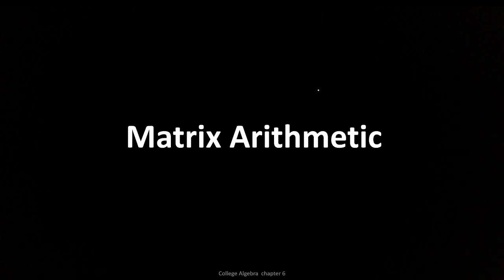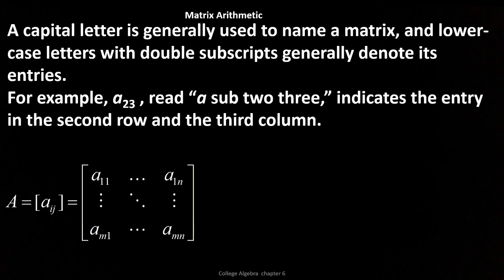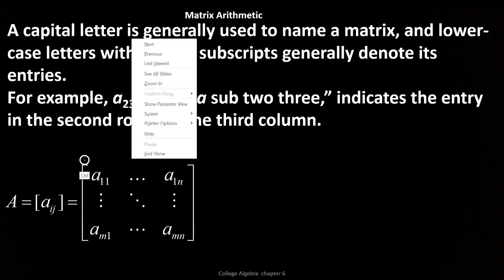Now I'm going to talk about matrices, because matrices are used to solve systems of equations. So let's talk about matrices. A capital letter is generally used to name a matrix, like A, capital B. And the elements in the matrix, or the entries of the matrix, are named with the same letter but lowercase. And there is a notation for it.